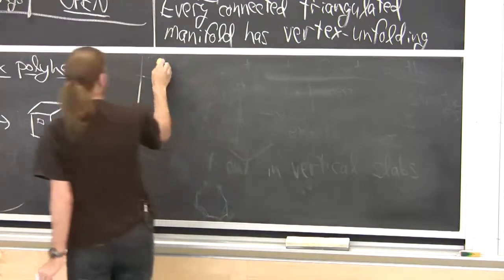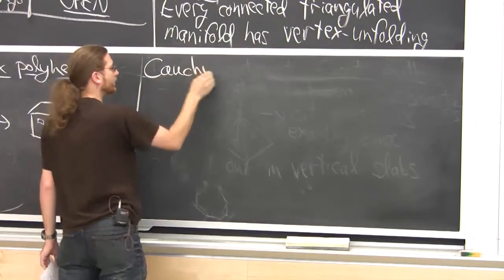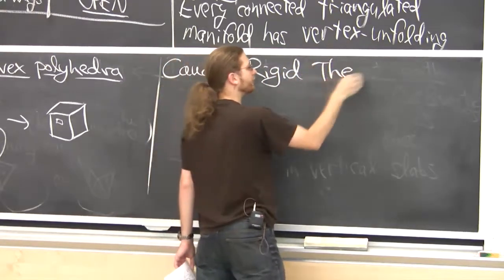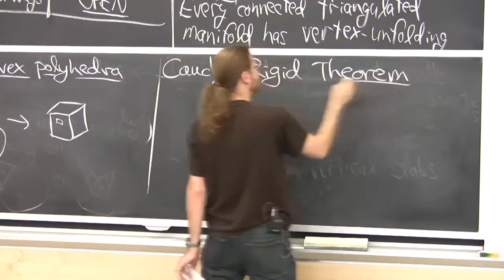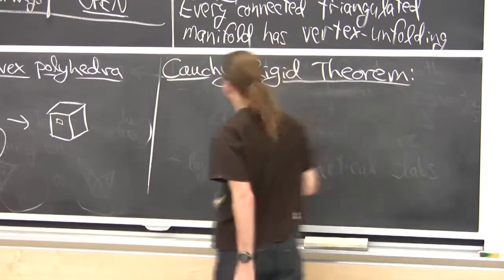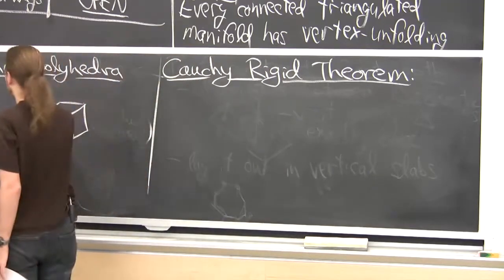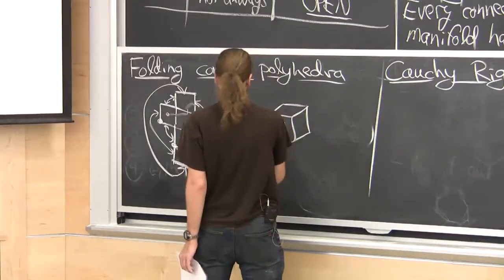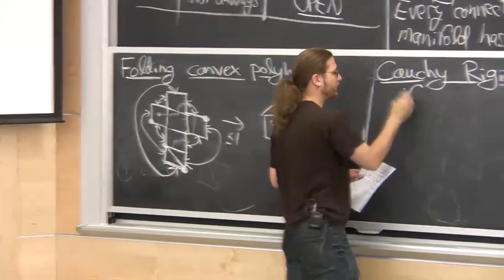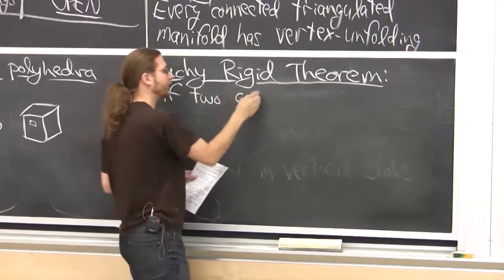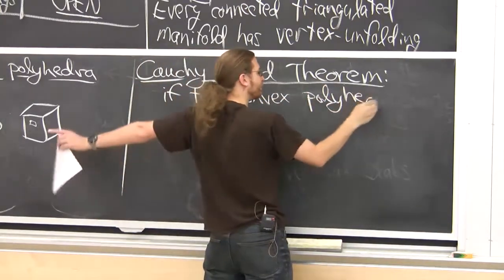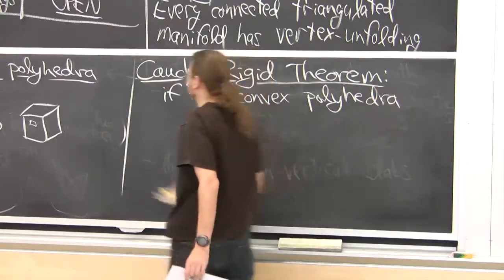And this is Cauchy's rigidity theorem. I think we mentioned it in a previous lecture when we were talking about rigidity and 3 dimensions and like why domes stand up. But now we're going to use it. We're actually going to prove this theorem, and we're going to use it to study these kinds of gluings and say there's at most one way to do this. So a lot of ways to state this theorem, but one way is say, suppose you have 2 convex polyhedra, and suppose they came from the same sort of intrinsic geometry.